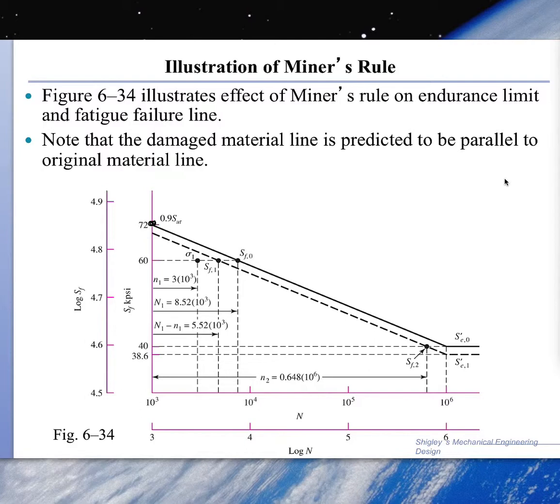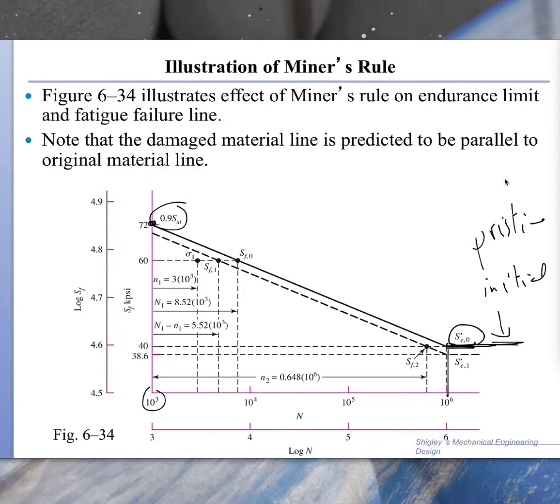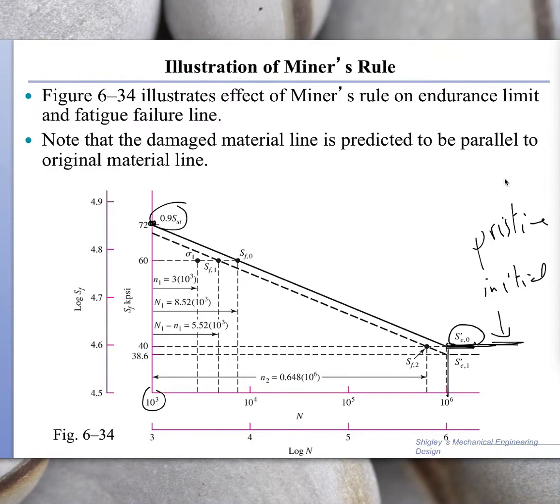SN curve starts from 0.9 S ultimate at 1,000 cycles, and it goes to SE prime 0, which is the initial value of SE. So this is initial before pristine value. So everything is pristine. Now we applied 3,000 cycles, and we are allowed 8.52 times 10 to the 3.